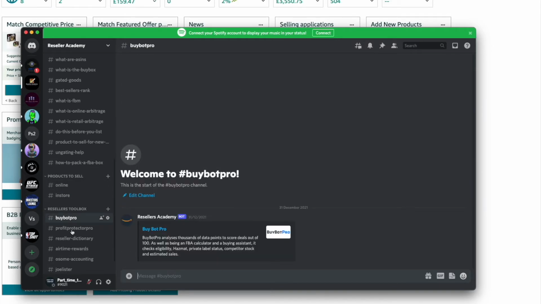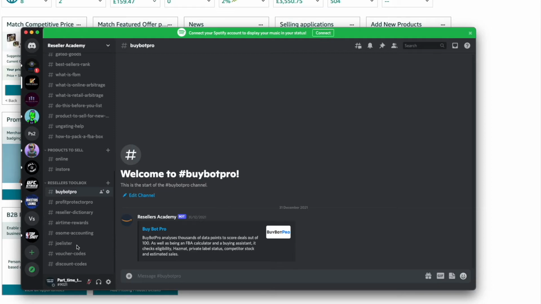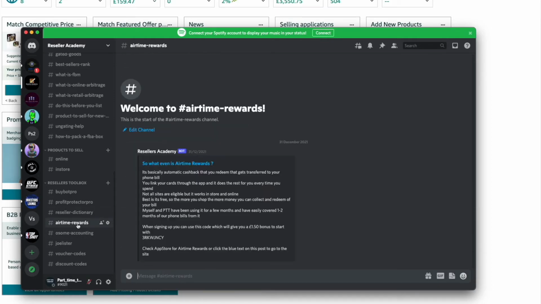You've got all the different software that we use. You can find it there. Reseller Dictionary, Airtime Rewards is absolutely brilliant, a brilliant way of getting cash back for just buying normal purchases. For example, I get 2% back at Argos just by having that.